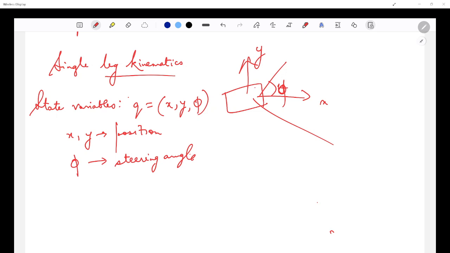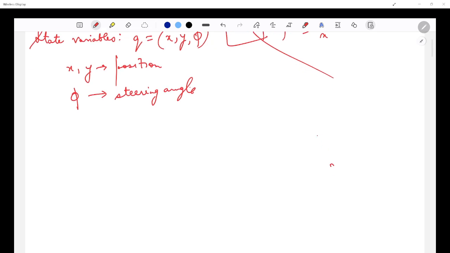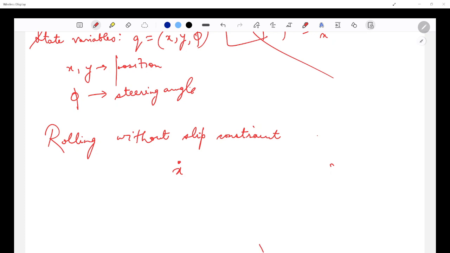All right. So if we want the roll without slip constraint, then what would happen? I'm not going into this derivation, but you might have seen tan phi is equal to y dot upon x dot. That is what is coming from here.